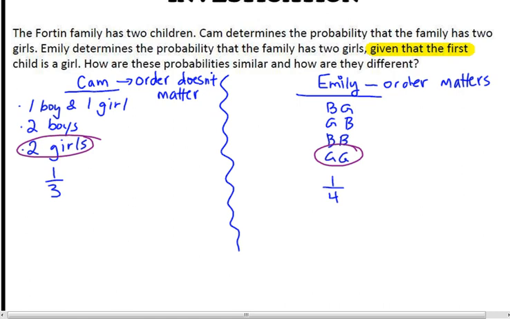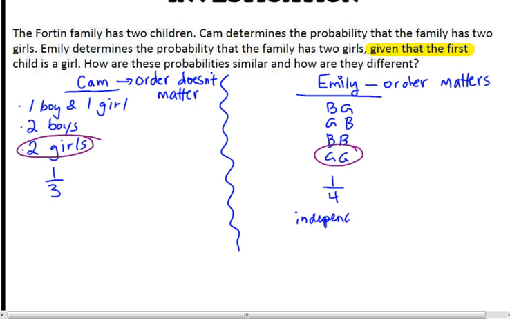Okay, so in this problem with Emily, not looking at genetics and that kind of stuff, does the probability of having a boy first change your chances of having a boy second? No. So are these independent or dependent? Independent here.